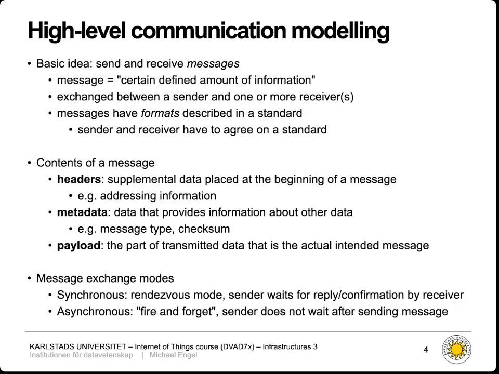For example, this could indicate a certain message type, so this is a request or a reply, or it could also contain something like a checksum for fault tolerance. So you can check if the message that's received has not suffered any corruption on the way from sender to receiver. And of course, finally, we have something again, which we call payload. So it's recursive and put into each other again. The payload of a message is just the part of transmitted data that is the actual message we want to transfer.